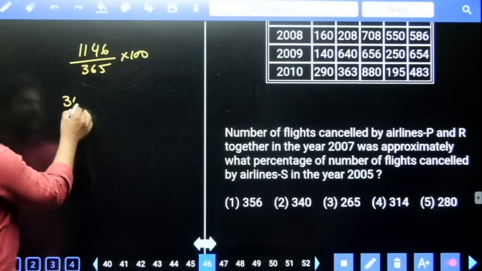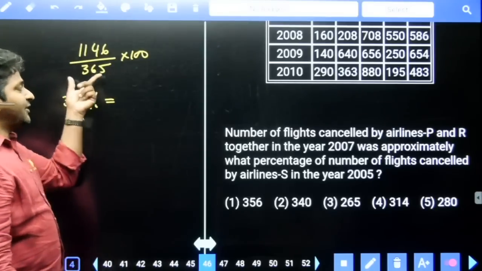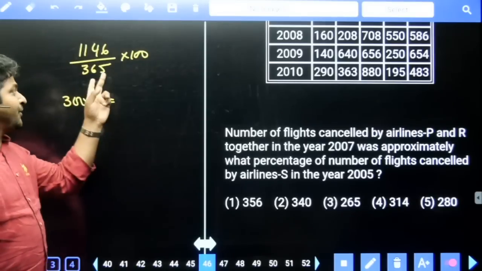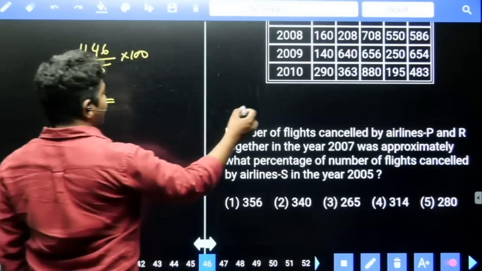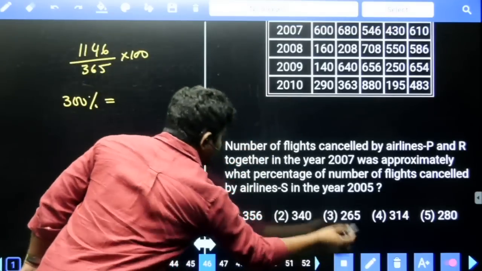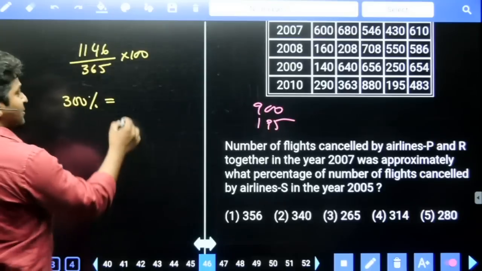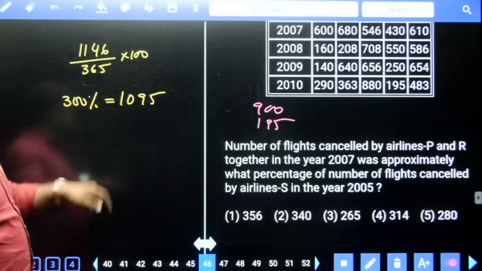Let us first calculate how much is 300 percentage of the denominator. 300% of the denominator is 3 times the denominator. 3 times 300 is 900, 3 times 65 is 195. So that is 900 plus 195, equal to 1095, which is 3 times the denominator, 300 percentage.